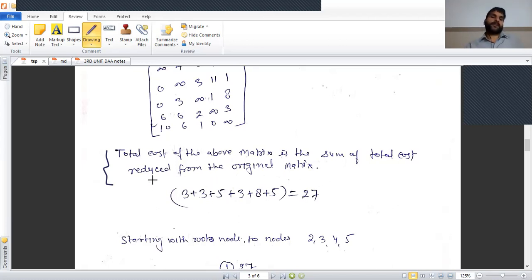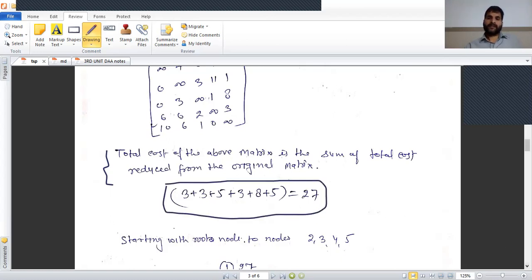This is the cost of the reduced matrix, equal to 27, because we add all the subtracted values from the columns and rows.